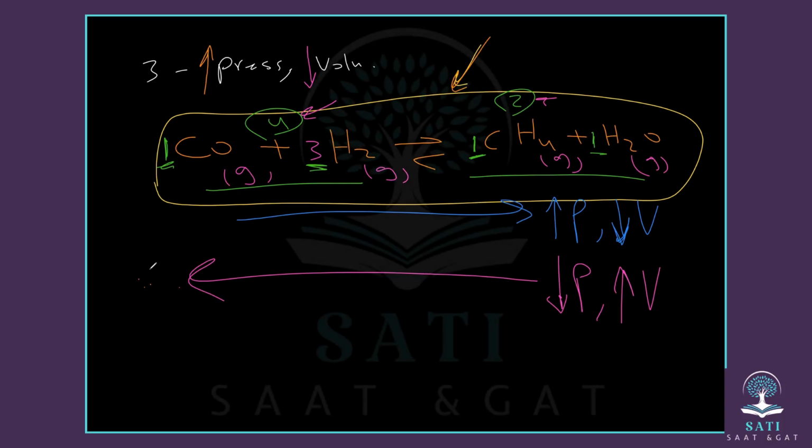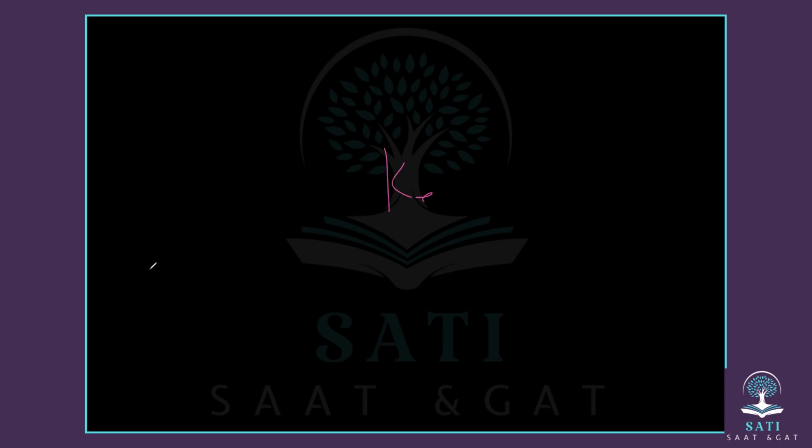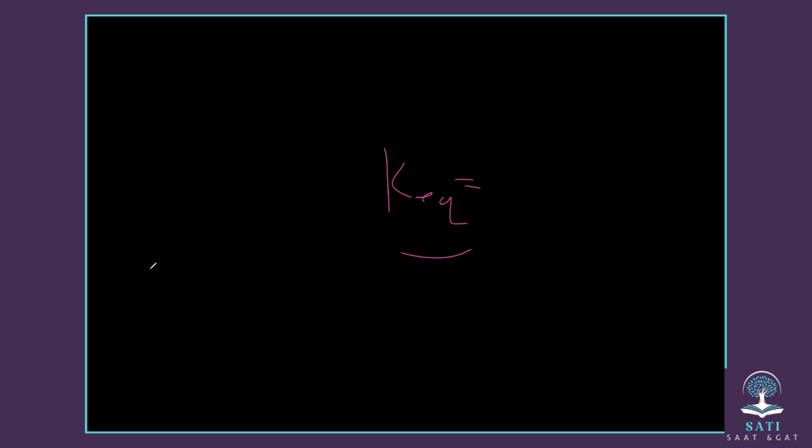Okay, what about the equilibrium constant? The constant of equilibrium is different from the equilibrium itself, which is the position. These factors change the equilibrium state, the position, the direction.